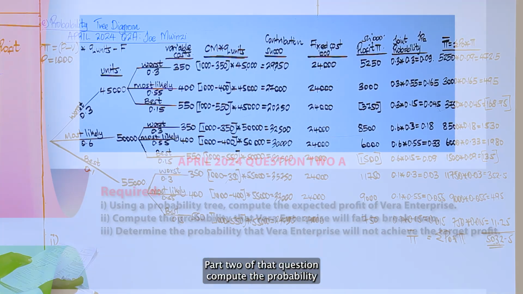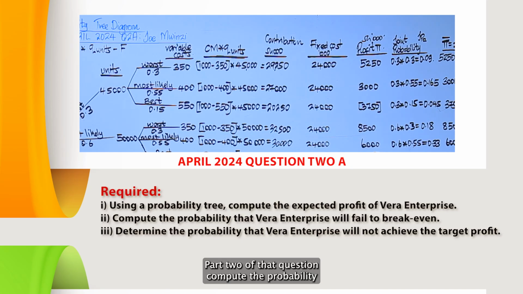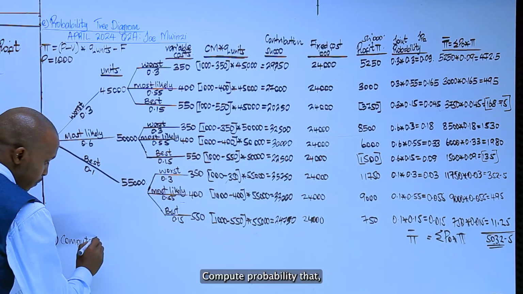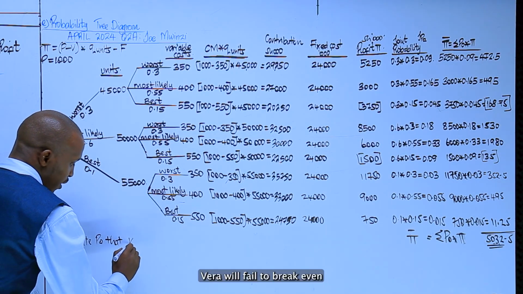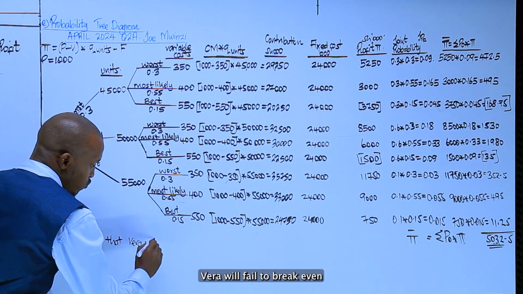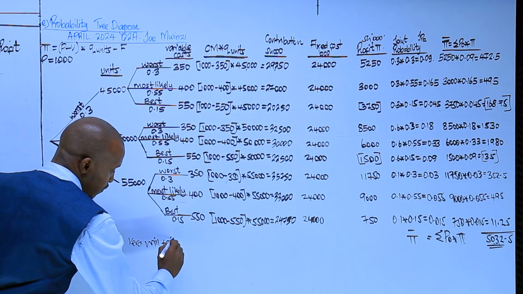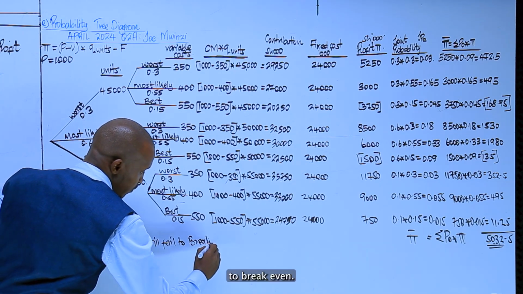Part 2 of that question, compute the probability that Vera Enterprises will fail to break even.